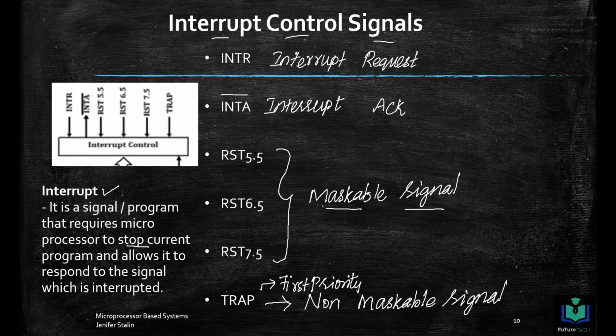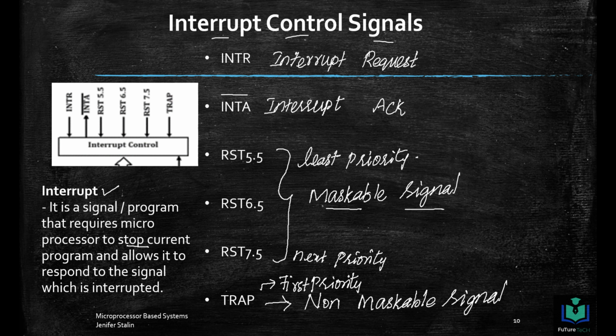Here RST 7.5 is given the next priority after the trap signal, and following this order, the least priority is given to RST 5.5.